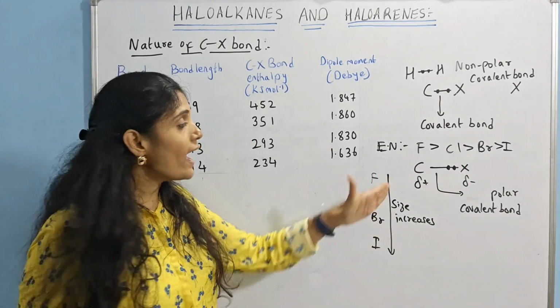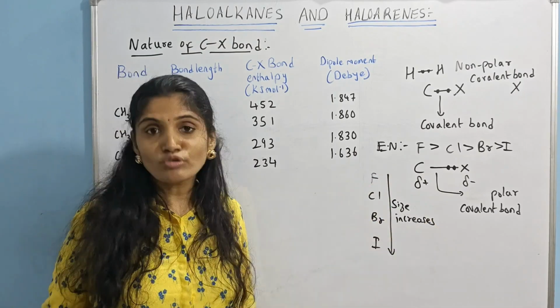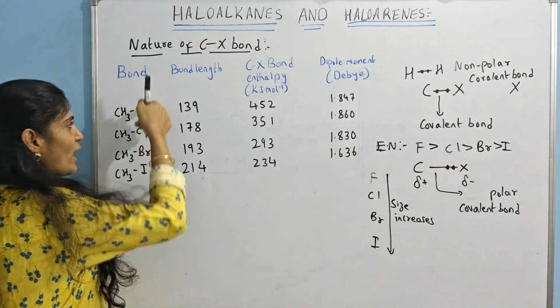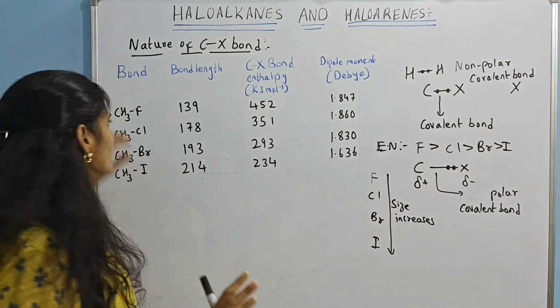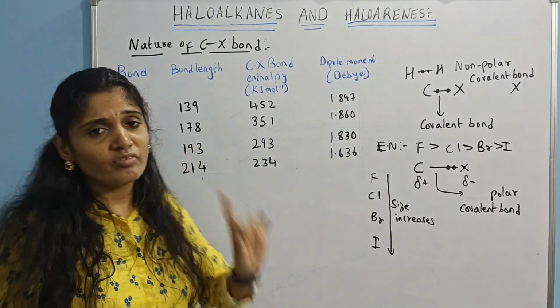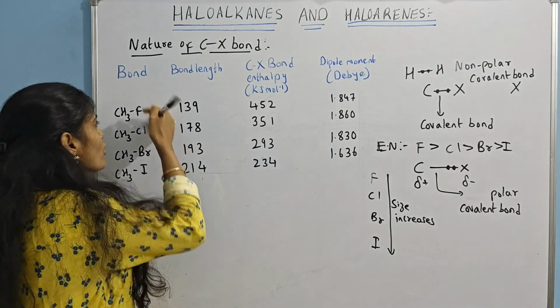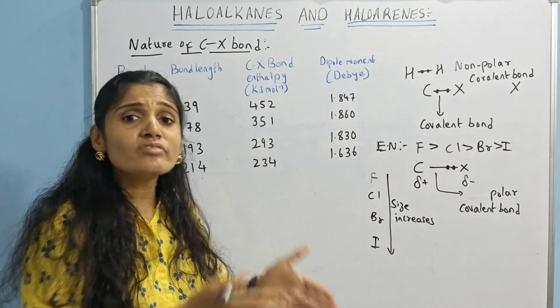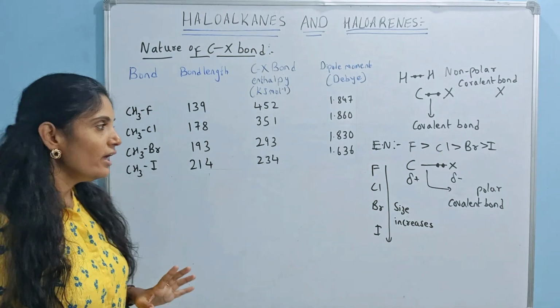As we go down the group, the number of shells increases, so the size also increases. Now this carbon size is fixed because here we have the same atom. The atom here is changing, so as we go from fluorine to iodine, the size of the halogen atom is increasing.